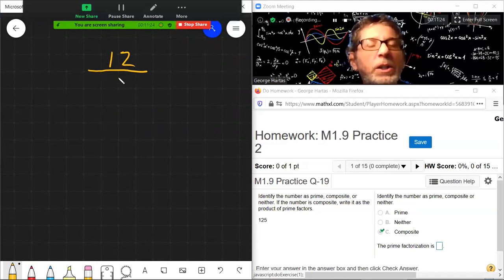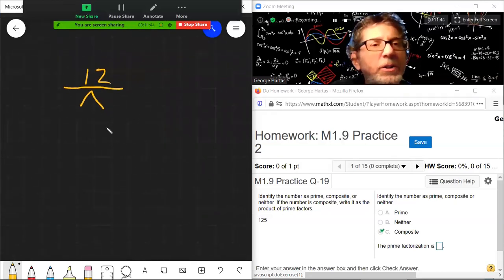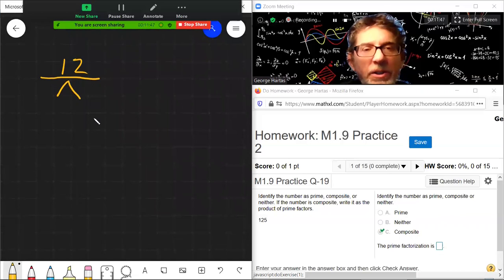So we got to determine the factors of 12, but not 1 times 12, because that does not help us, right? We need other factors besides 1 times 12. Well, we got a couple of choices. We can go with 6 times 2 or 4 times 3. It doesn't matter, actually. You're going to get the same answer as a result. So first, let's try 6 times 2.